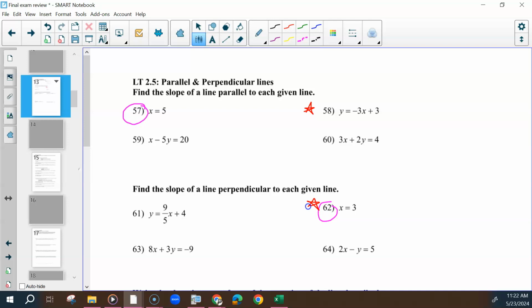Okay. So in 58, you're finding the slope that's parallel. Since this is already in y equals mx plus b, you just have to look at the slope. Because it's parallel, that's going to be the same. So the slope for 58 would be the same, -3.